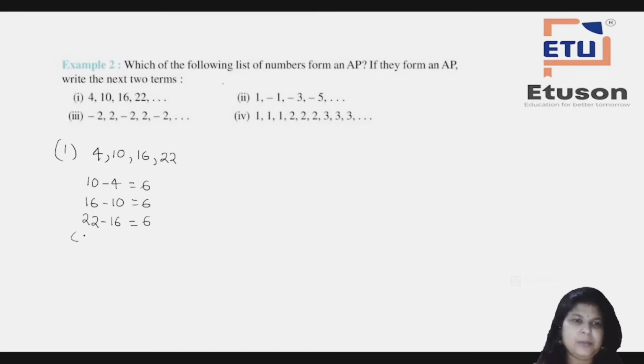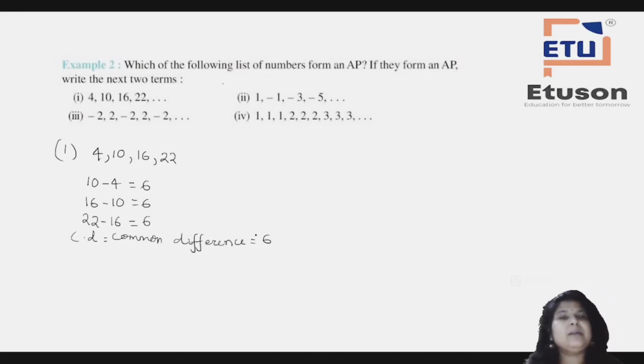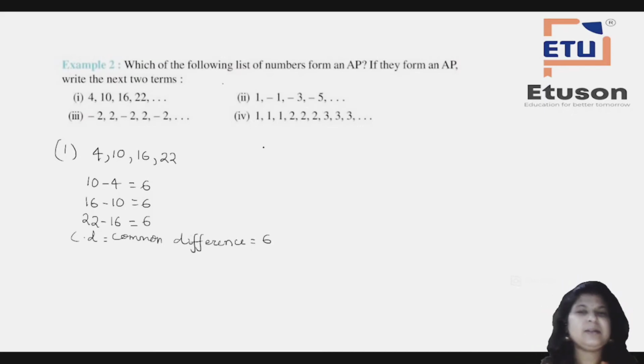So here the common difference is 6, right? So you can see that in every subsequent number, there is a difference of 6. Each number differs by 6 from its preceding number. Correct or not? So it is an AP.